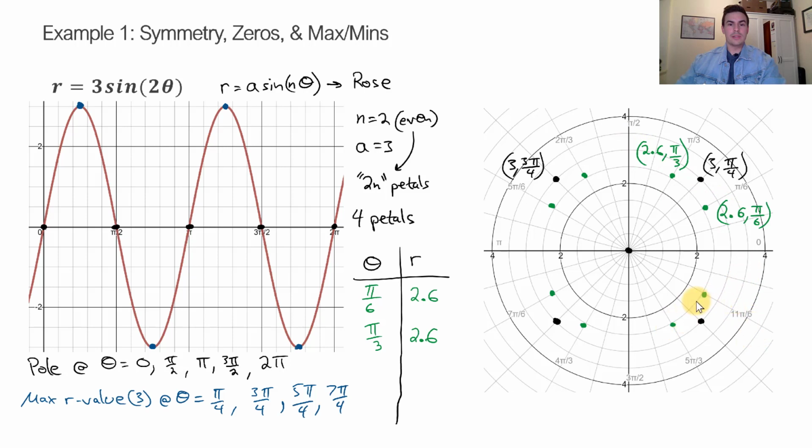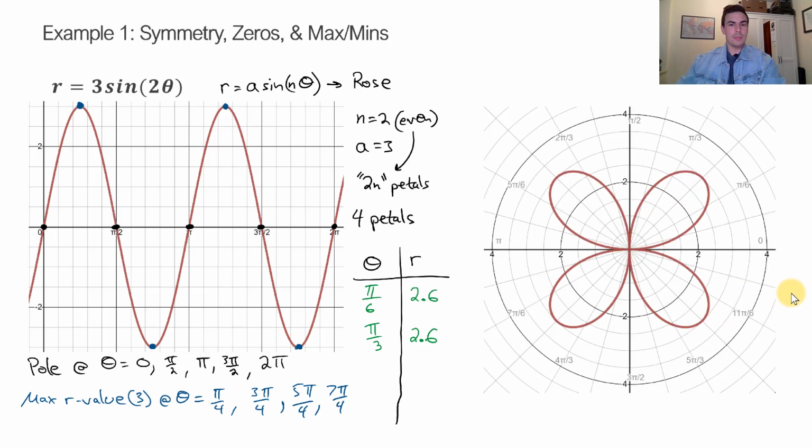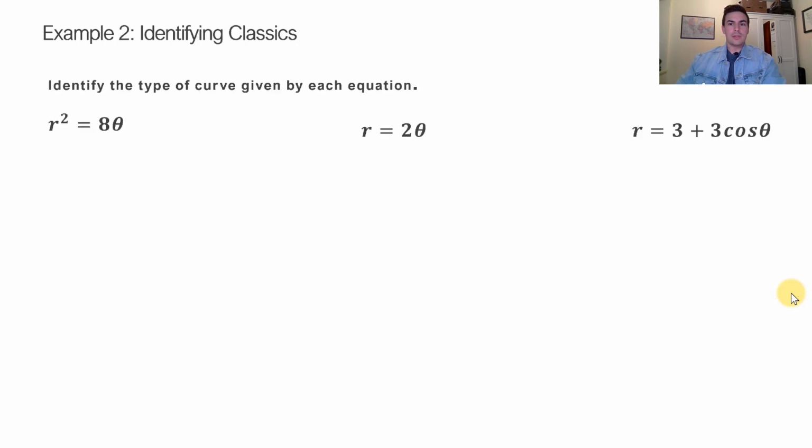So then on either side of my pi over 4 angles, I can go ahead and plot a 2.6 and a 2.6. And hopefully you can start to see this shape taking form. If I connect my dots, I get a petal that looks like this, or a rose that looks like that.